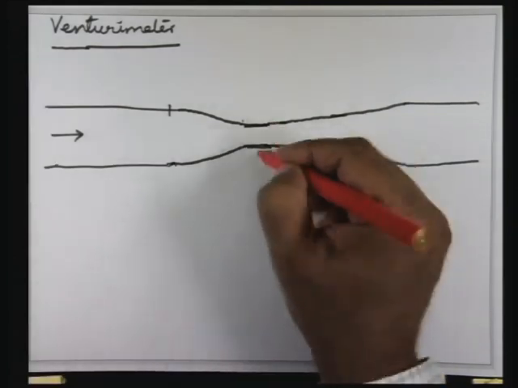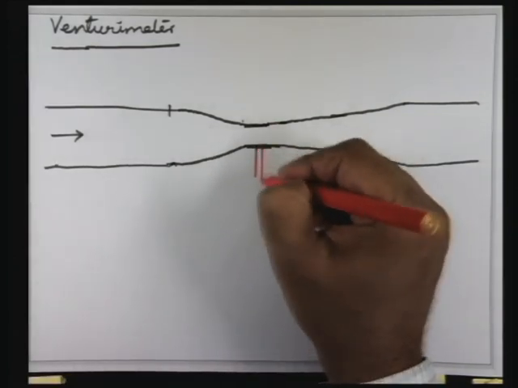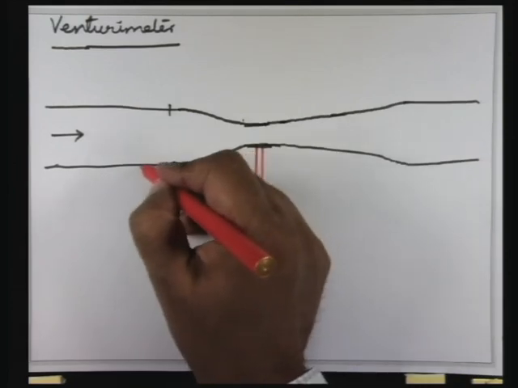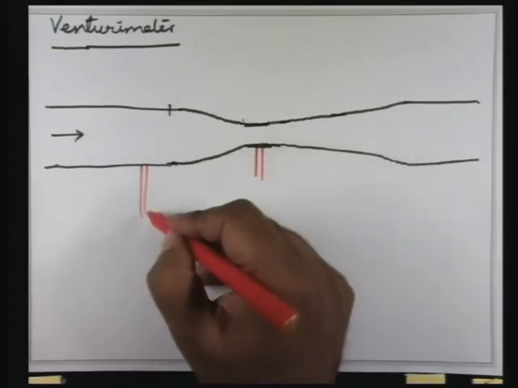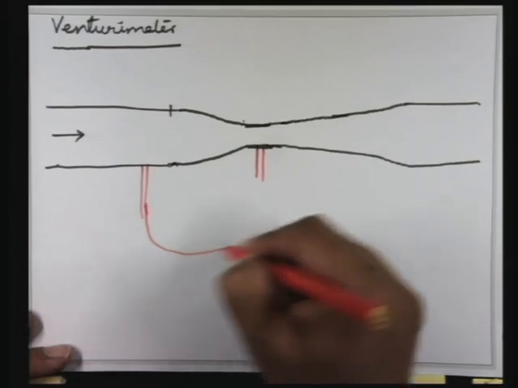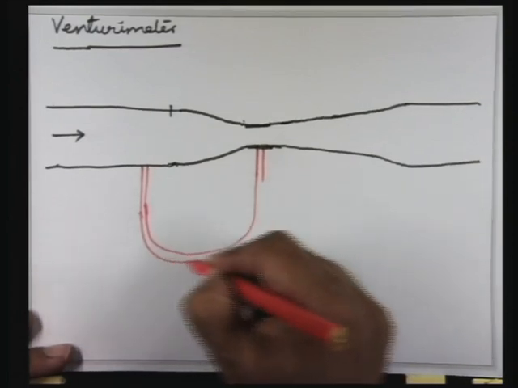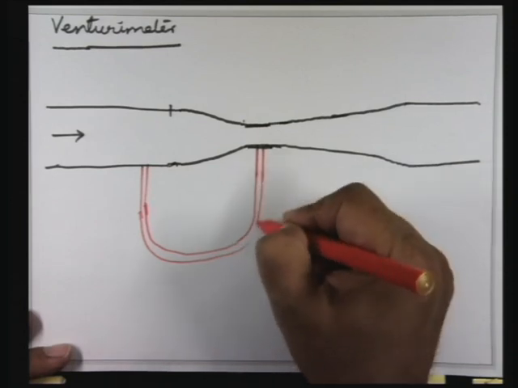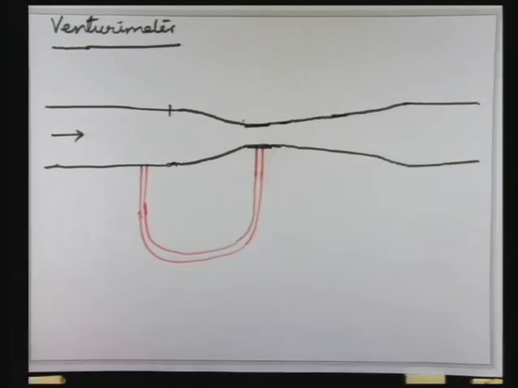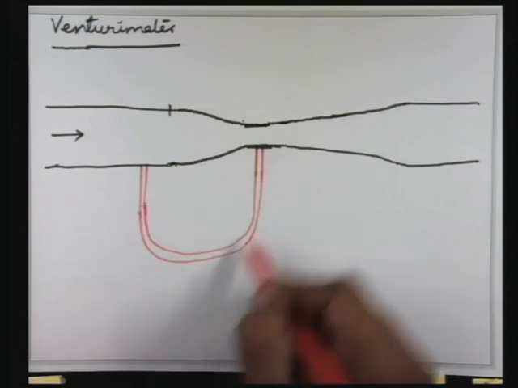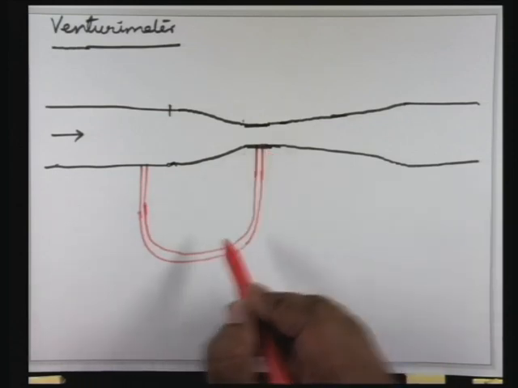You make a static pressure tap here and a static pressure tap here, and connect it to a U-tube manometer. Now if I ask you the question, if I put a manometer fluid inside here, where will the level be?